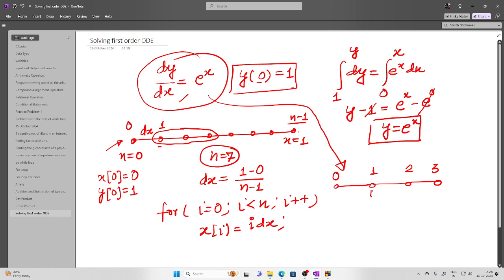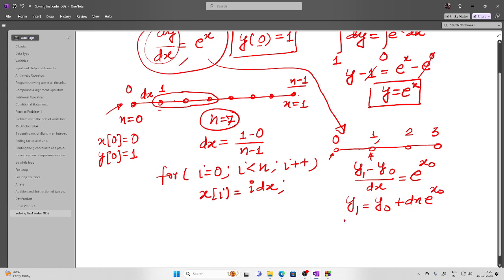If I want to know the value at node number 1, I can use the backward difference. So y1 minus y0 divided by dx is equal to e to the power x, but this value I don't know, so I will consider this as x0. So y1 will be equal to y0 plus dx e to the power x0.